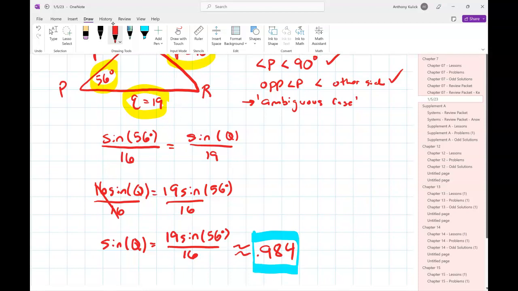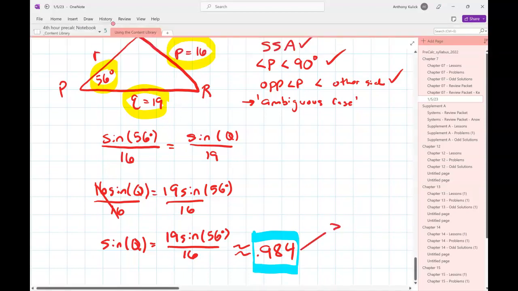What's the biggest y-coordinate on the unit circle? It was 1, right? So if this number is bigger than 1, that's impossible. That's going to be 0 triangles. Because I know that sine of an angle can never be something bigger than 1. Everybody's cool with that?